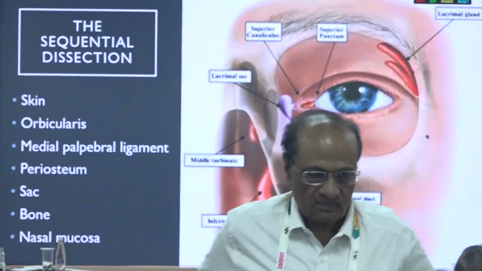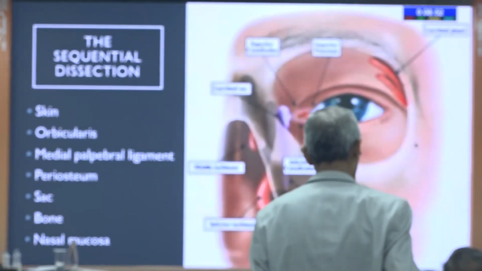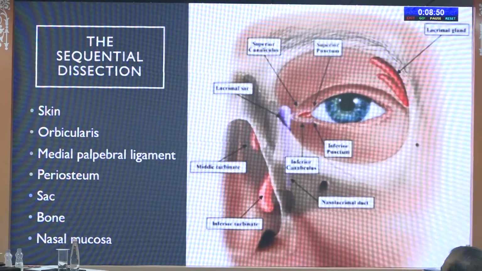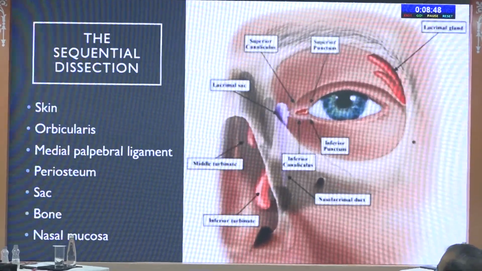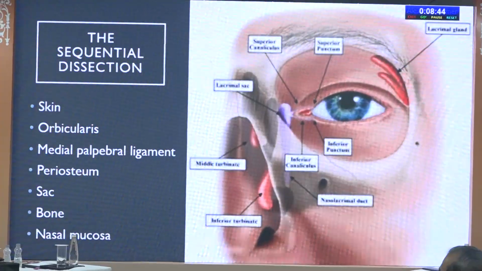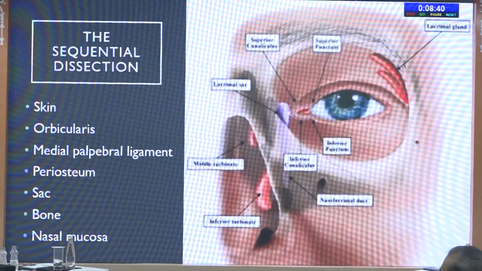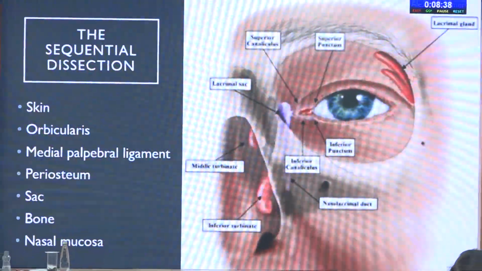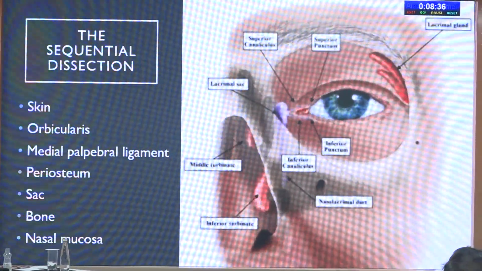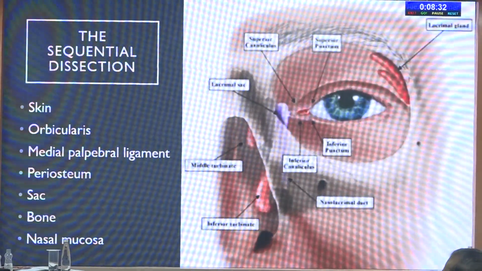Now, before proceeding to the actual dissection, before doing the surgery proper, let us recapitulate the sequential dissection that we are going to do. First, obviously, is your skin, where you are going to give the incision. Underneath the skin, you get the orbicularis, and most importantly, you have to do the blunt dissection of the orbicularis so that you can maintain the pumping action.